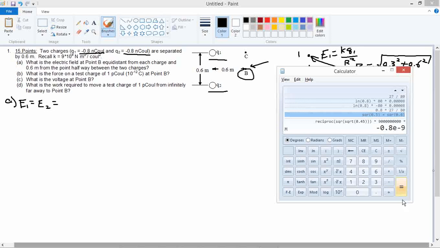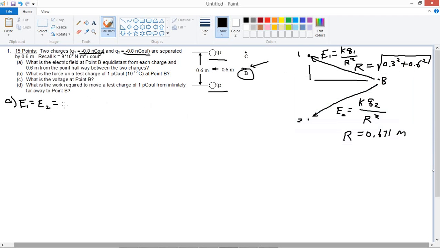Negative 0.8 nanocoulombs. So this is E1 or E2. Negative 16 volts per meter or newtons per coulomb.